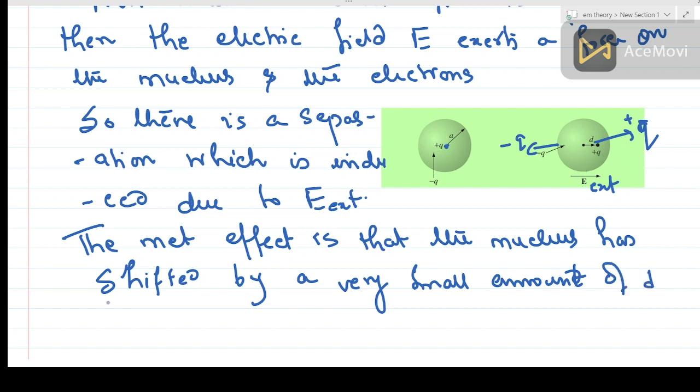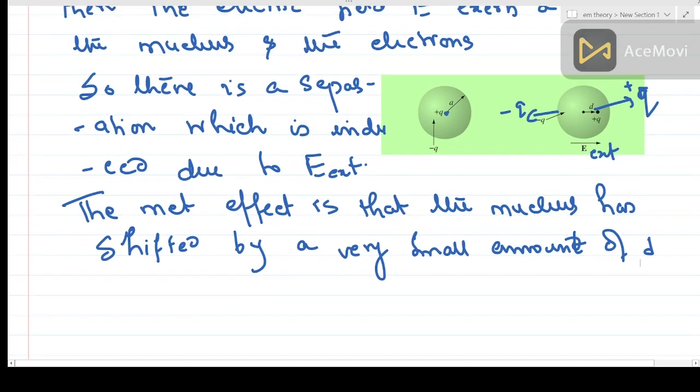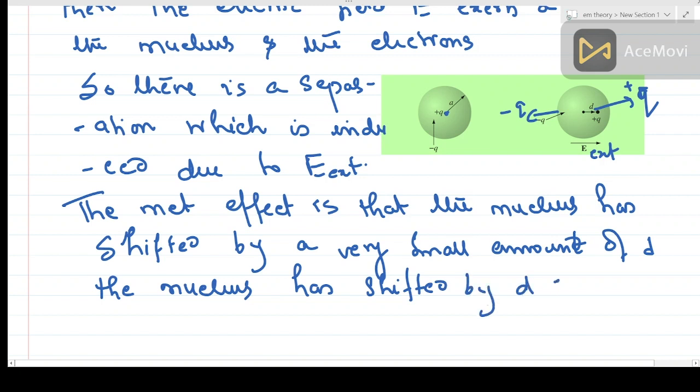So now there is a very small distance that the nucleus has shifted, or you can say the nucleus has shifted by d from its center.